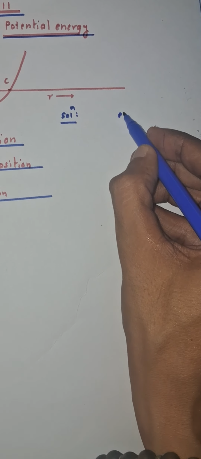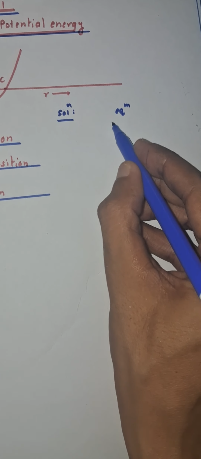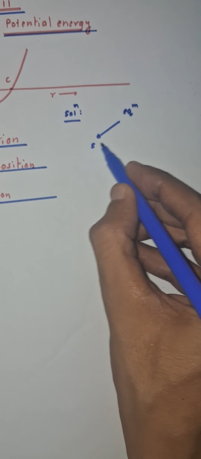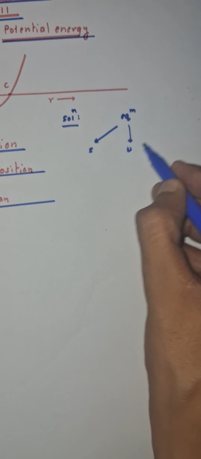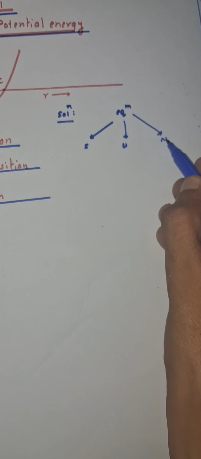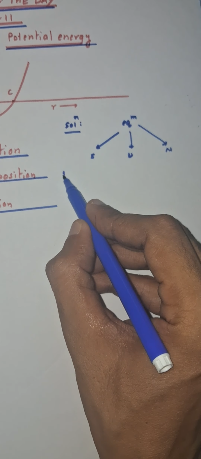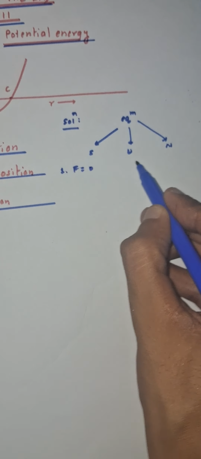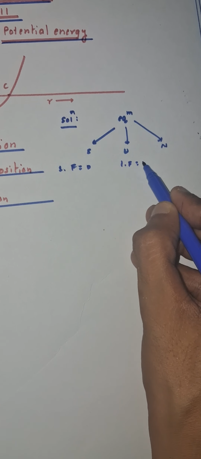If we understand the concept, equilibrium is of three types: stable, unstable and neutral. In all equilibrium, force has to be zero, whether it is stable, unstable or neutral.